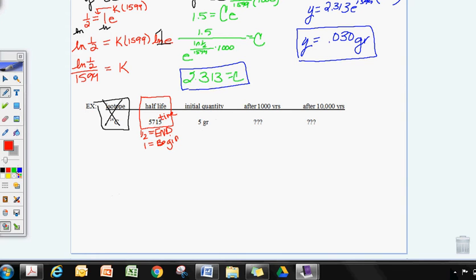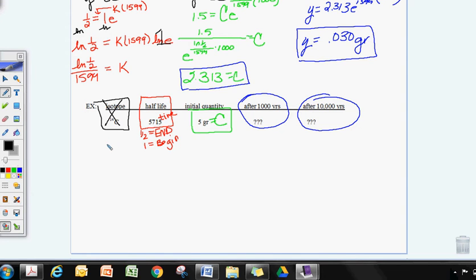Initial quantity, hey, guess what? This is my C value. I am lucky enough to know that C value. And now the question is, can I figure out how much is left after 1,000 years and how much is left after 10,000? Okay, so we are going to solve this for K.